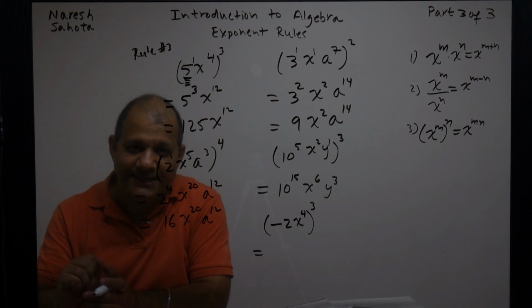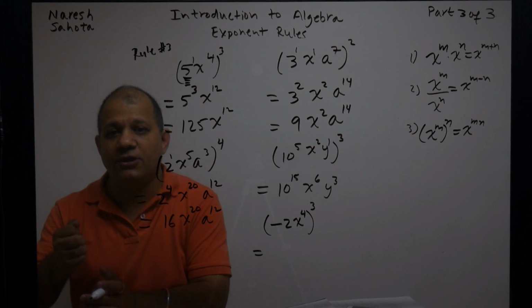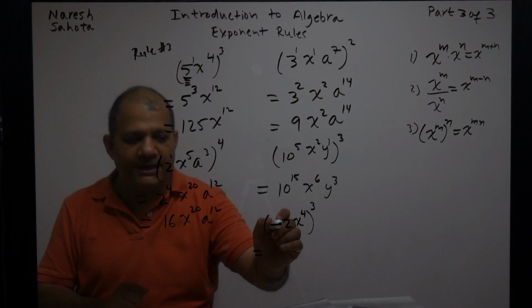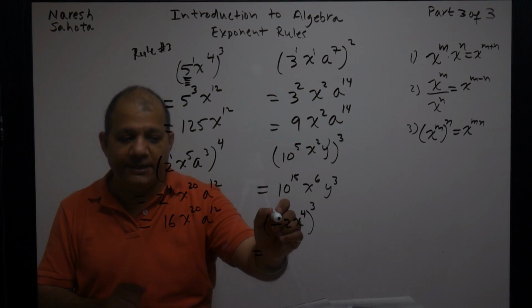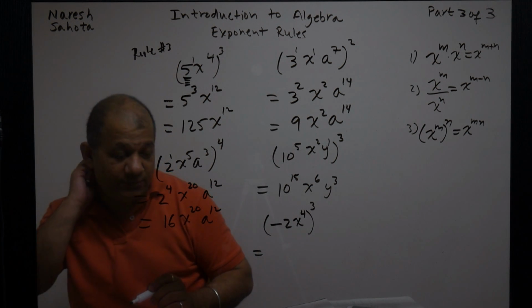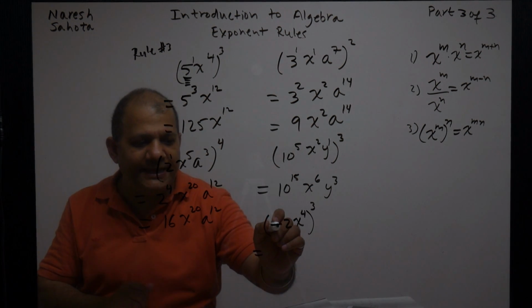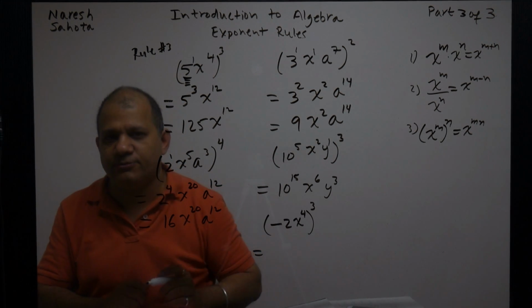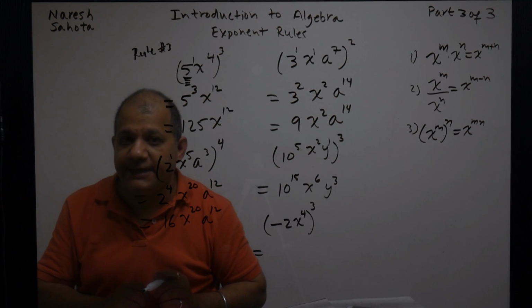And when you have negative 1 raised to an odd exponent, the answer is always negative, right? So we actually have a negative 1 on the outside. So what is a negative raised to an odd exponent? Raised to the exponent of 3, it's going to be negative.